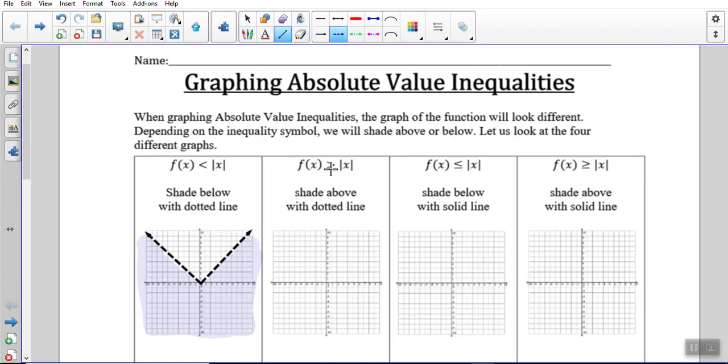And then for f of x is greater than the absolute value of x, that's a mouthful right there, we're going to have a dotted line, and then we're going to shade above.